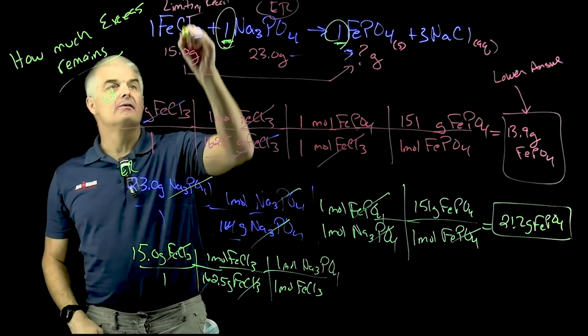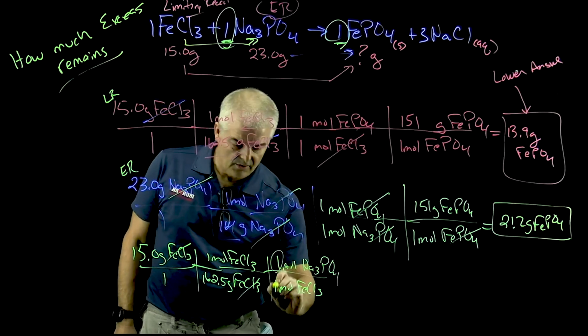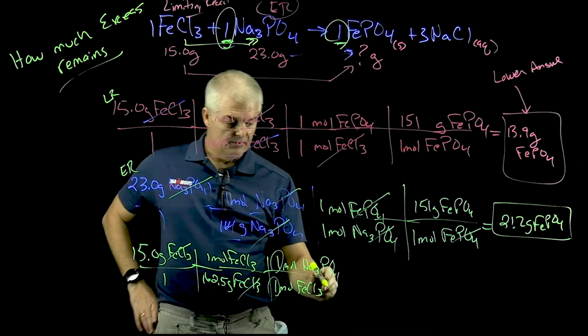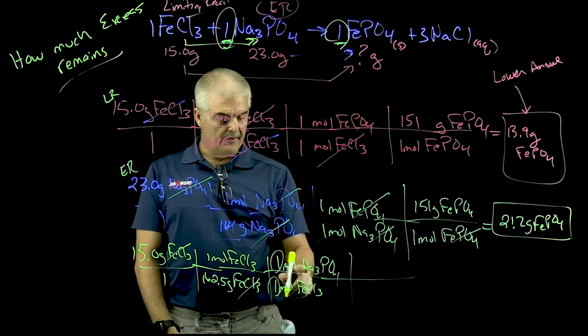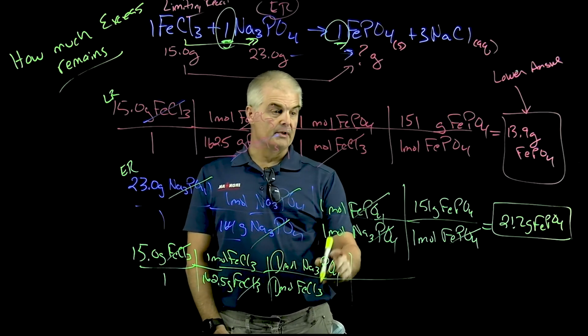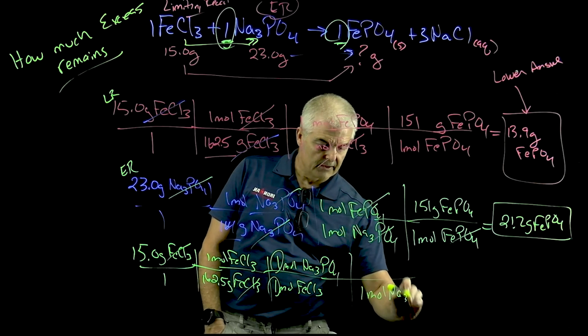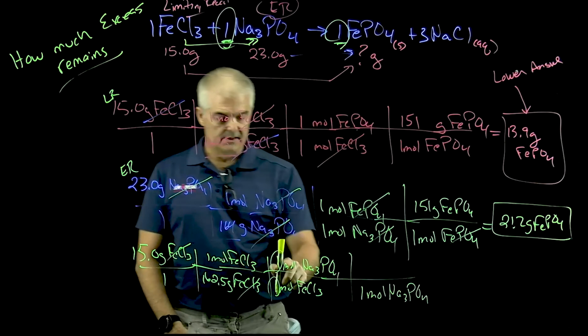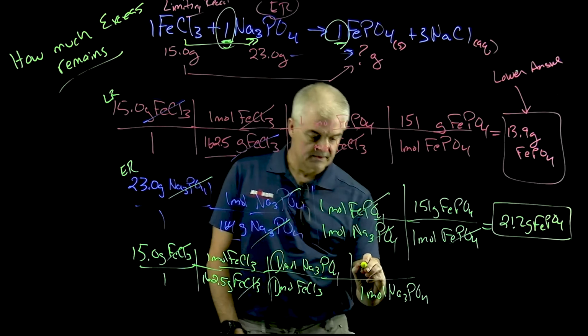Because I'm converting from here to here. Now again, this example has all the ones, which kind of messes this up a little bit. It'd be nice if it was a different ratio. And then I'm going to go to sodium phosphate. I'll say 1 mole of Na3PO4 is equal to so many grams of Na3PO4, which was 164.